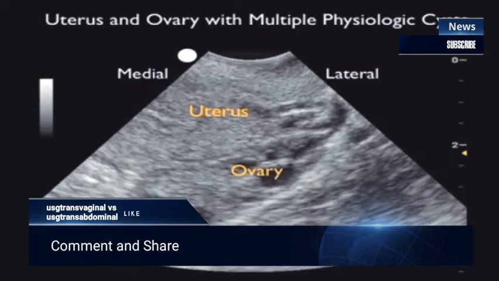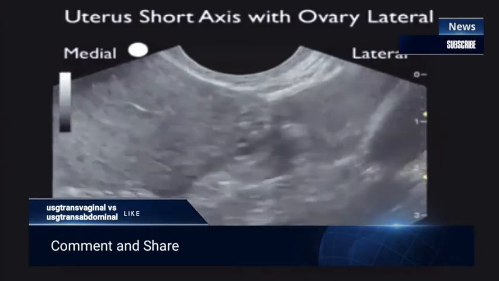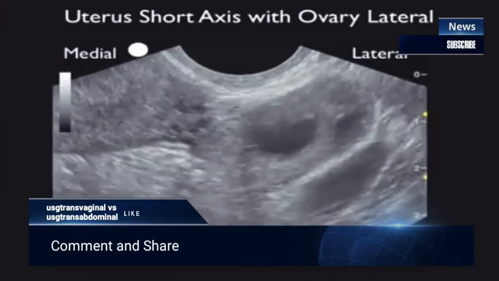So I'm going to go ahead and freeze that image, and again we see the uterus to the midline and the ovary with the follicular cysts just lateral. Now once we've identified the ovary lateral in the short axis configuration, rotate the probe so now the probe marker is towards the ceiling, and investigate the ovary in a second configuration to fully figure out the dimensions of the ovary.